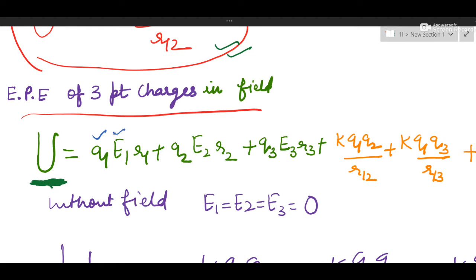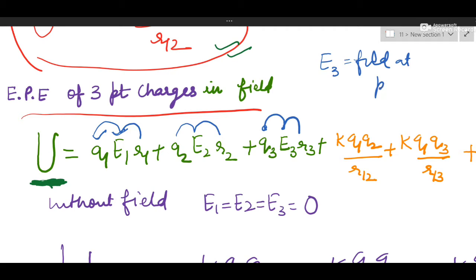First charge interaction with first field. So Q1, E1, R1, similarly Q2, E2, R2, similarly third charge is also there, so Q3, E3, R3. You have to just tell E3 is field at point C, where you are bringing the third charge from infinity, right?